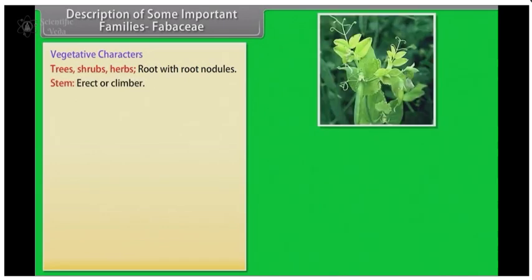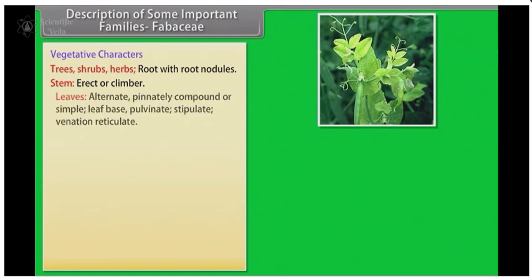Vegetative characters: trees, shrubs, herbs, root with root nodules, stem erect or climber, leaves alternate, pinnately compound or simple, leaf base pulvinate, stipulate, venation reticulate.